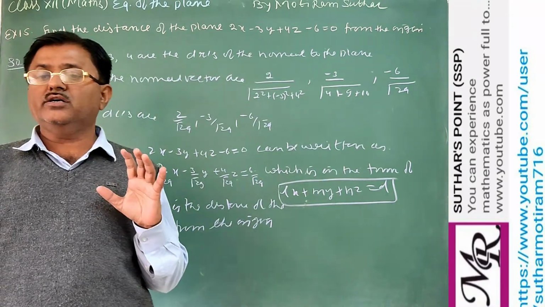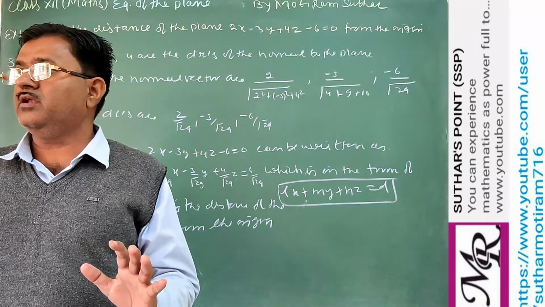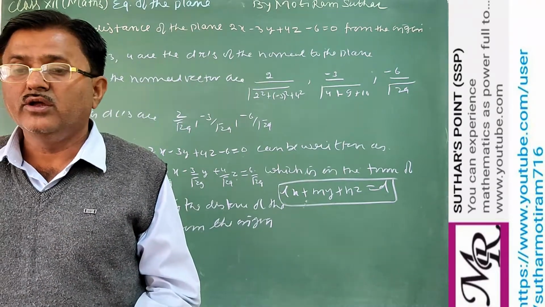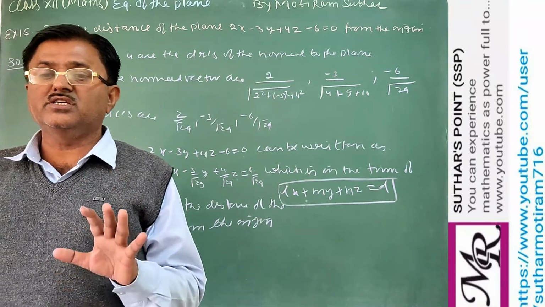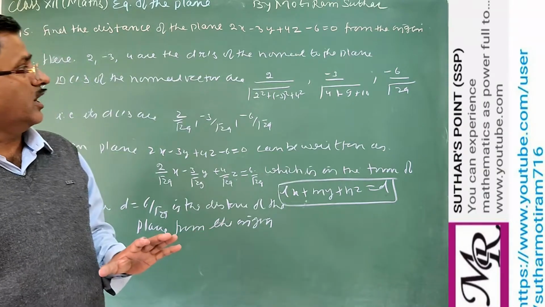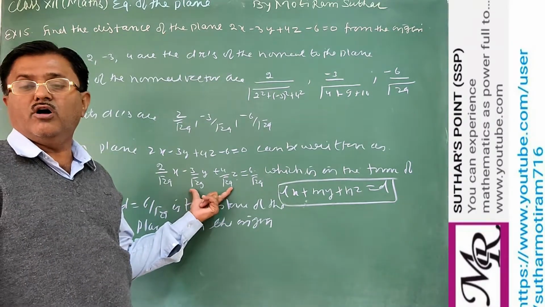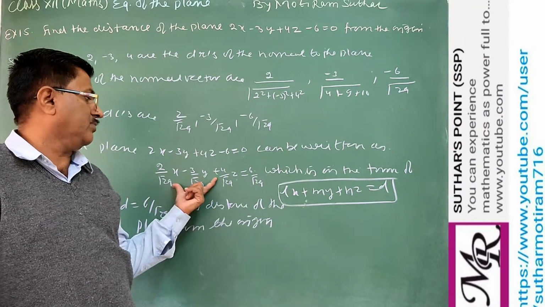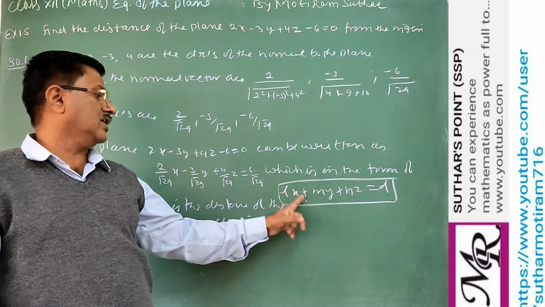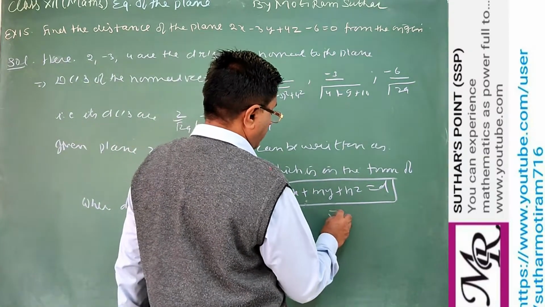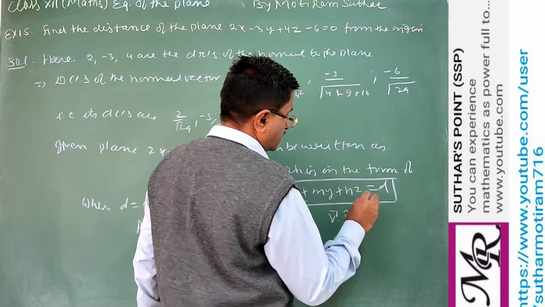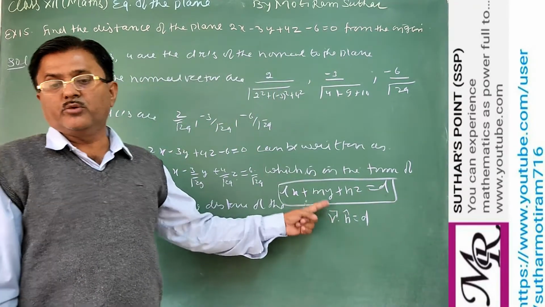So the important point here: to find the distance of a plane from the origin, the given plane must be converted into this standard form, either vector form or Cartesian. This is the Cartesian form, and if it is vector, then you have to write it in this form. These two are very important.